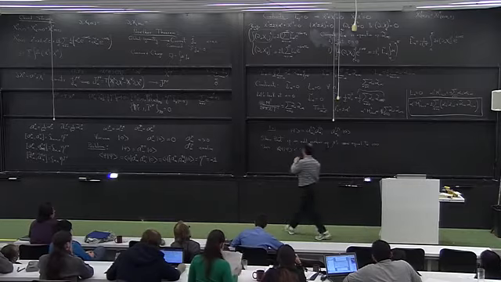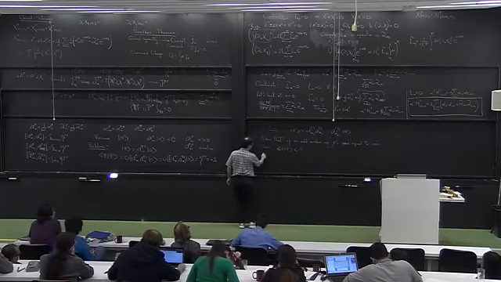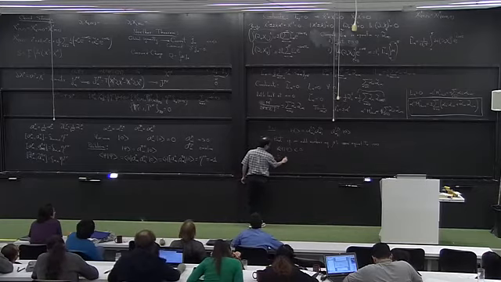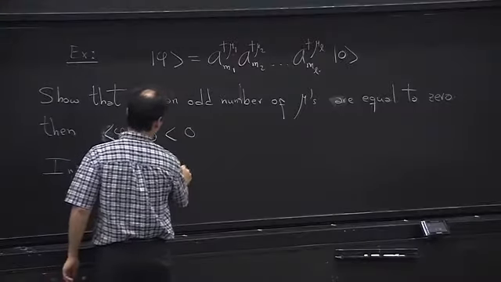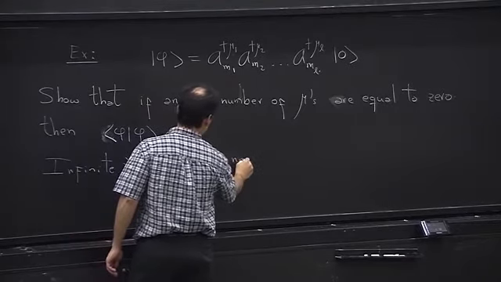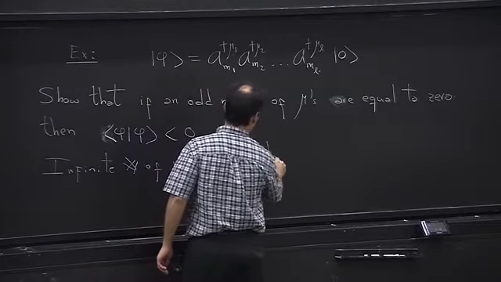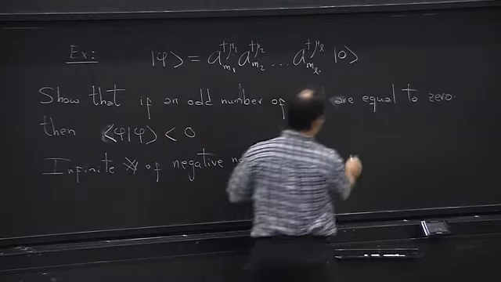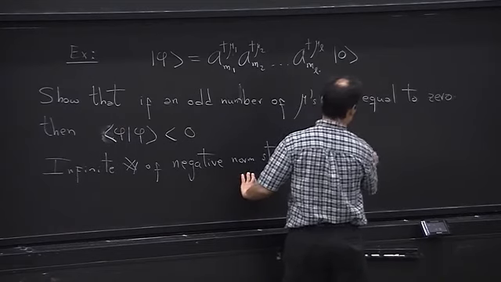So we now have an infinite number of negative norm states, but we also have an infinite number of constraints.